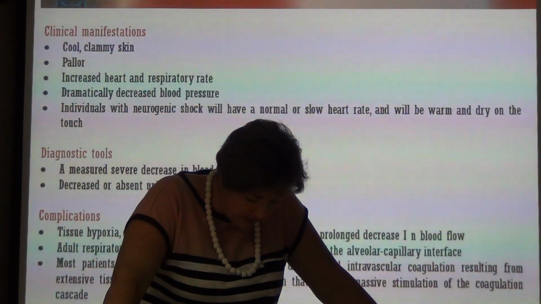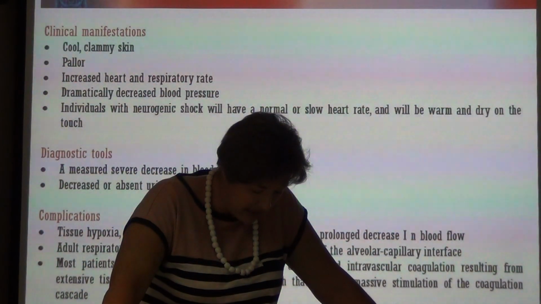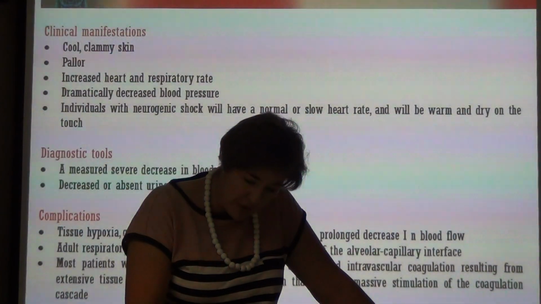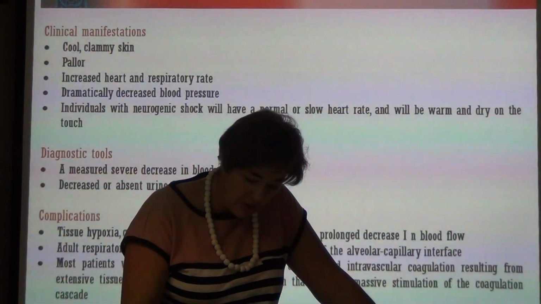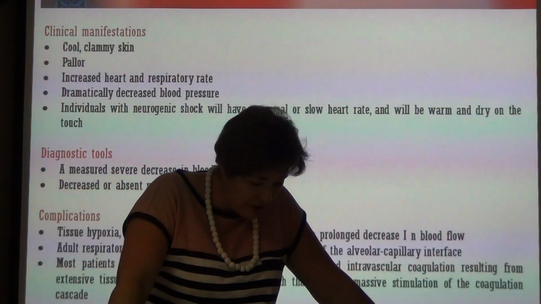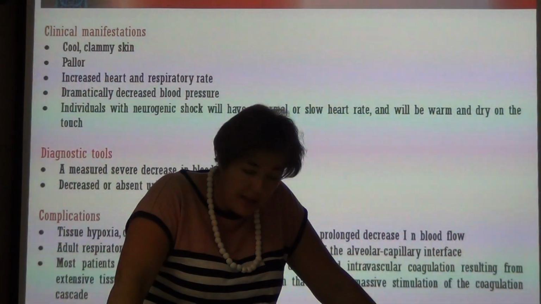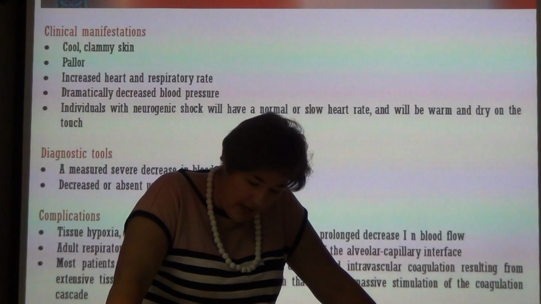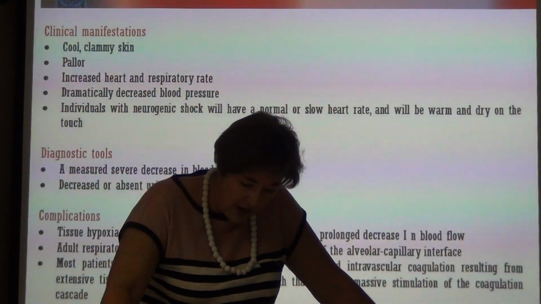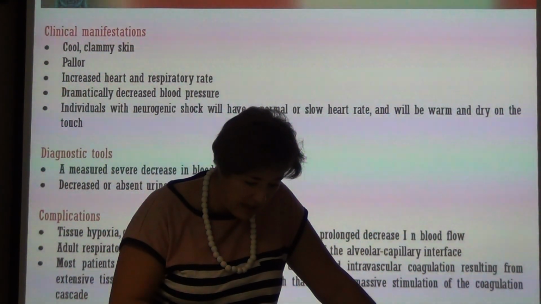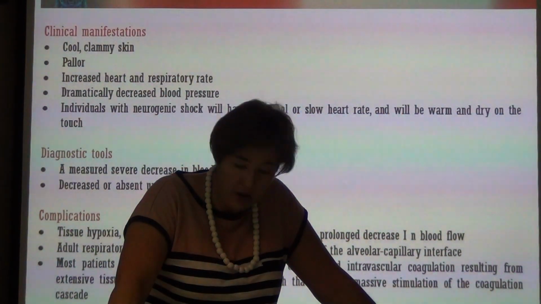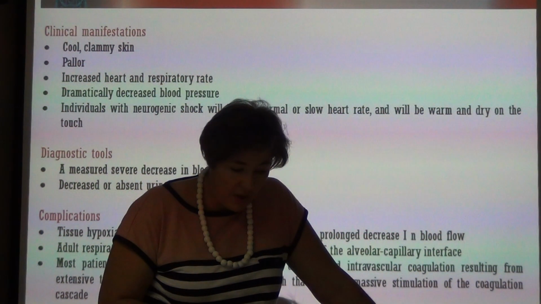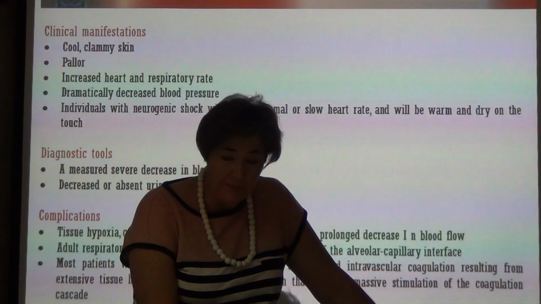Then the different types of congenital heart defects, the ASD, VSD, PDA, transposition of the great vessels, the coarctation and the tetralogy of Fallot, is everything. Clinical manifestations and diagnostic tools is everything. Then on page 565, shock is everything up until the end of complications. And that then, as I said, completes the cardiovascular system.